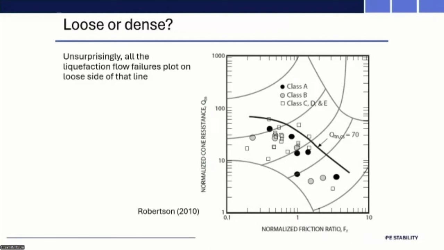Class A, Class B, Class C refers to the quality of the data, because sometimes in deriving that normalized cone resistance, the only data available was SPTs, and you've got to go through quite a convoluted way to relate SPT to the equivalent cone tip resistance in order to use this plot. So those are not all direct, true CPT tests. But generally, that value of 70 is not inconsistent with what's been observed.